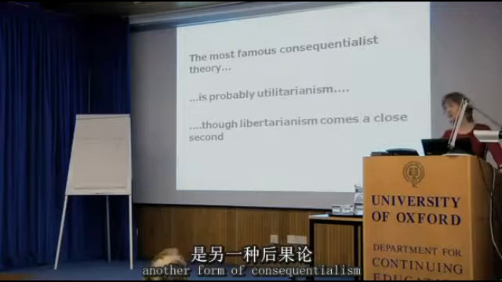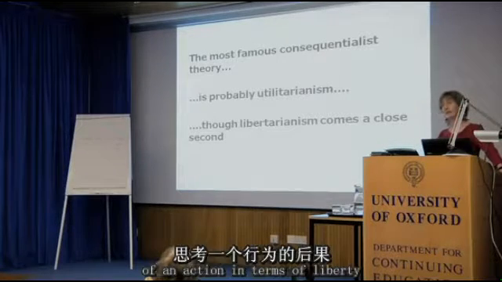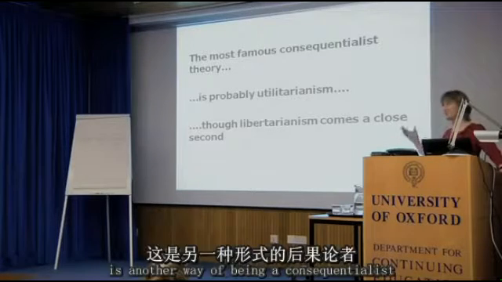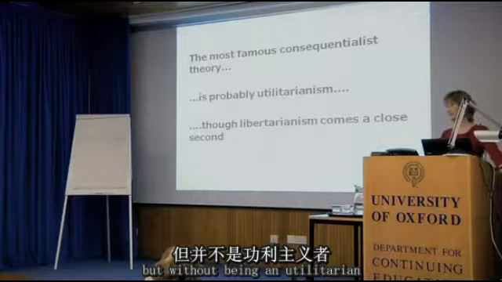Libertarianism is another form of consequentialism that looks at the consequences of an action in terms of liberty. So that is another way of being a consequentialist, but without being a utilitarian.